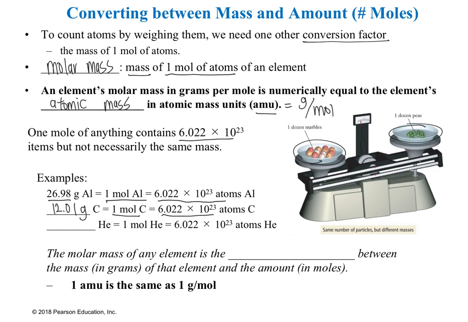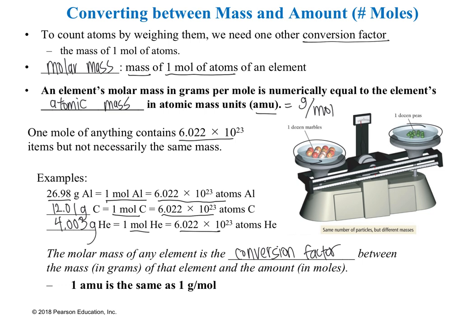Same thing with helium. Avogadro's number of helium is a mole, and it weighs 4.003 grams. So the molar mass of any element is a conversion factor that we can use to go between grams of something and moles. And then we could always use Avogadro's number to go from moles to atoms or particles in general.